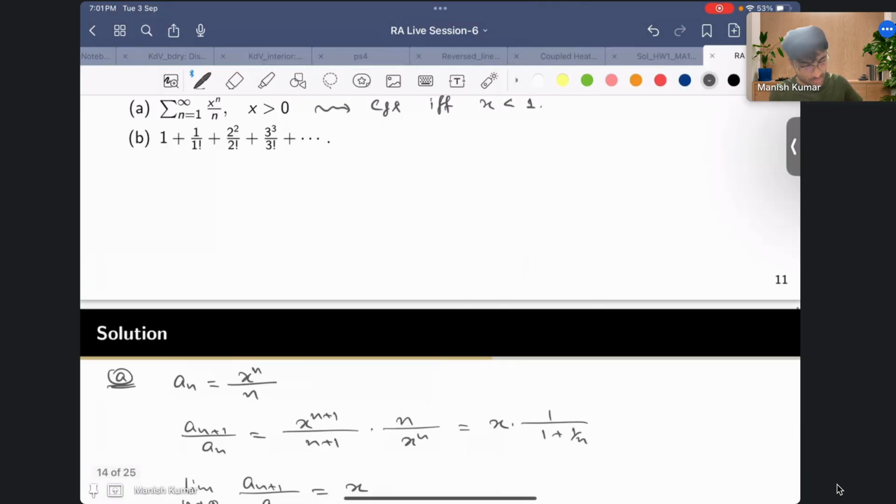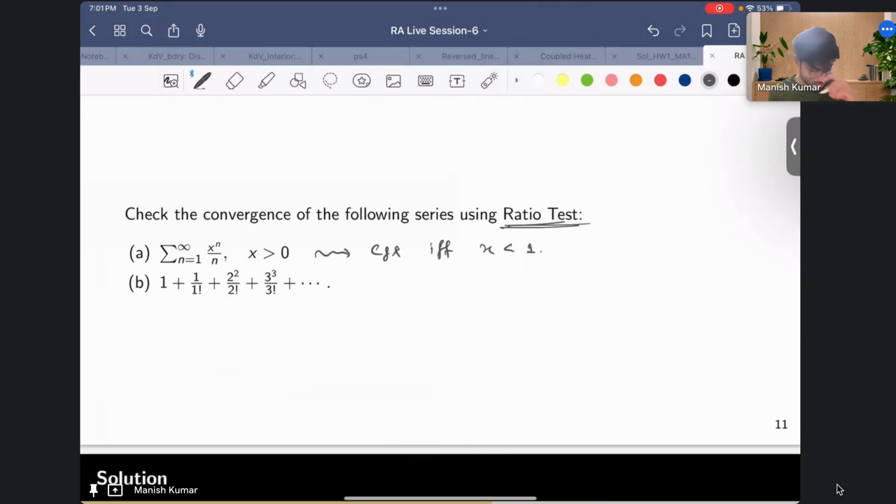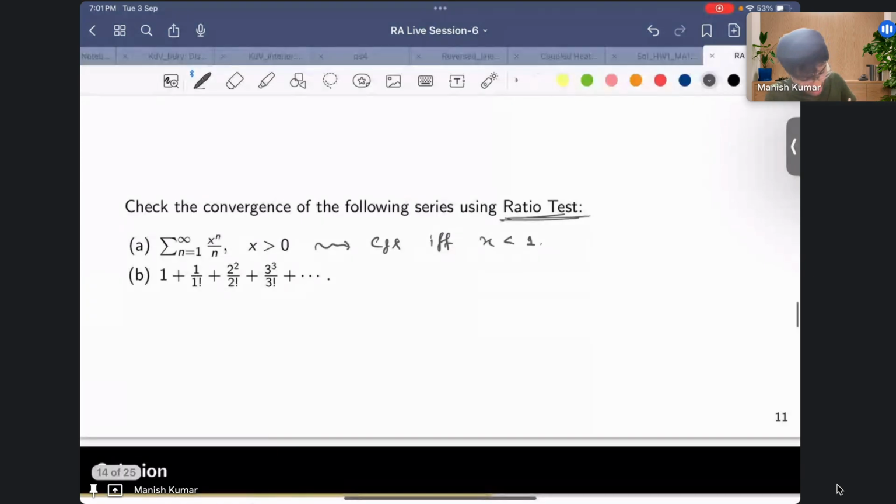So the second part is given in this form. If you look at this part, what is this? So you can write it as 1 plus summation n from 1 to infinity, and then you have n raised to the power n upon factorial n, right? This is how this series can be written in a shorthand notation.